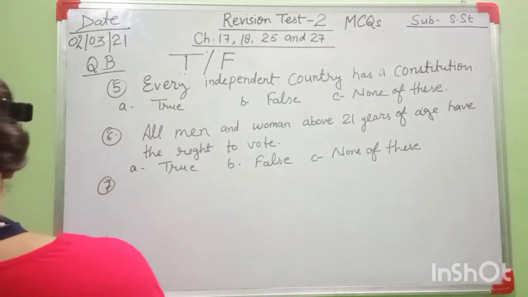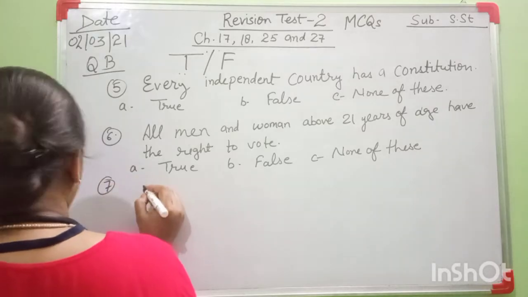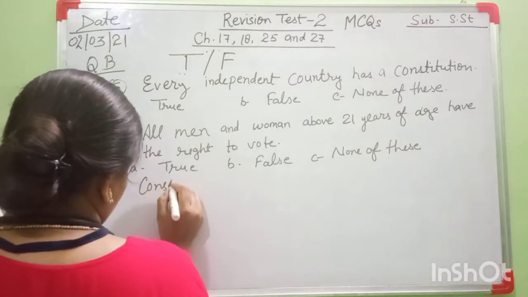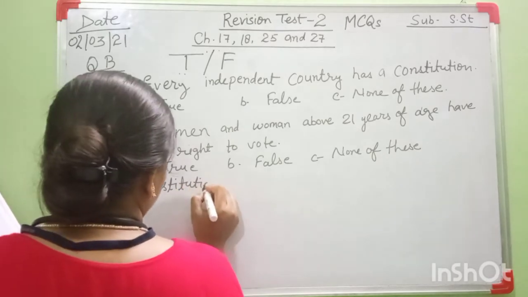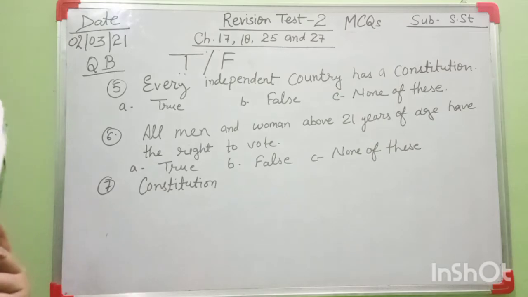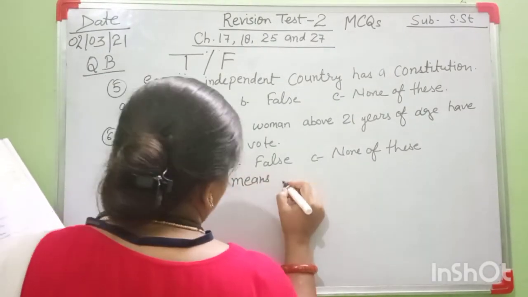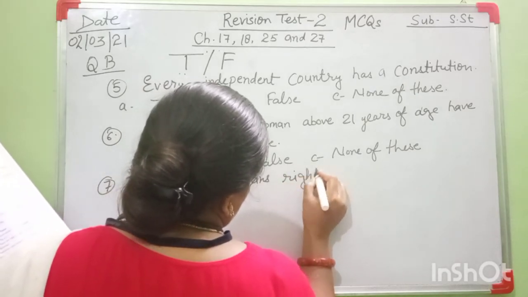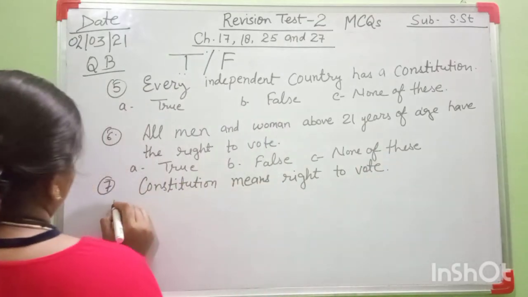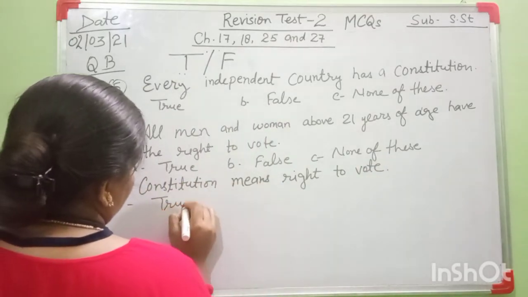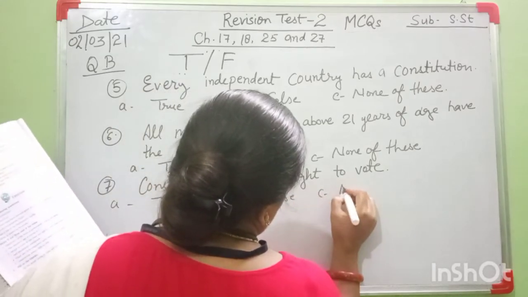Next, question number 7. All of you write down now with me. The question is: Constitution means right to vote. It's true, it's false, C none of these.